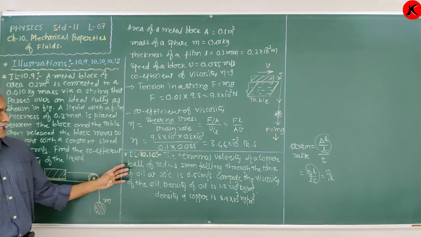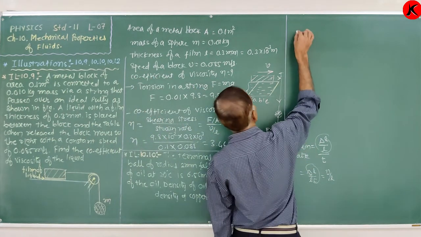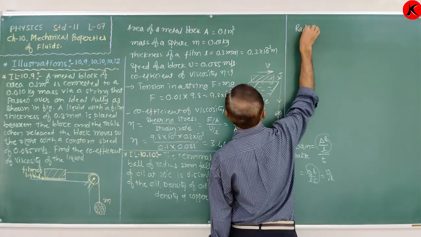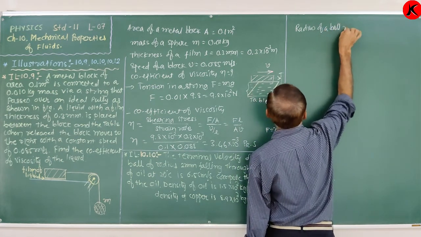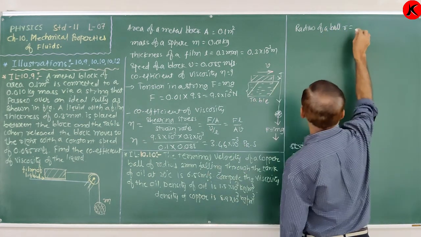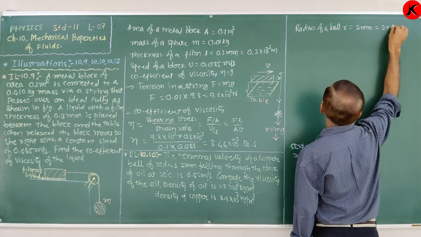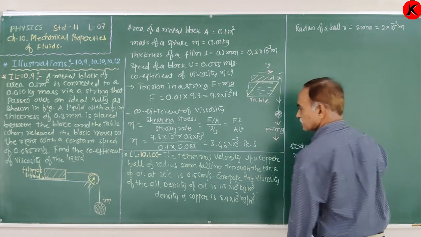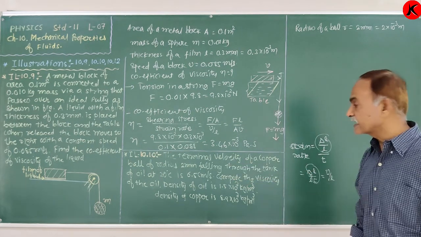First we write down the data. The radius R of the copper ball is given as 2 millimeter, that means 2 into 10 to the power minus 3 meter, falling through the tank of oil at 20 degrees centigrade.